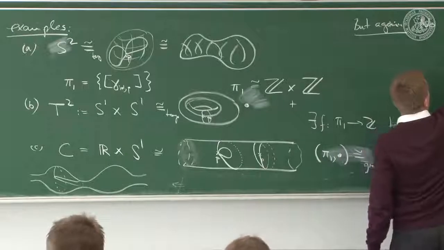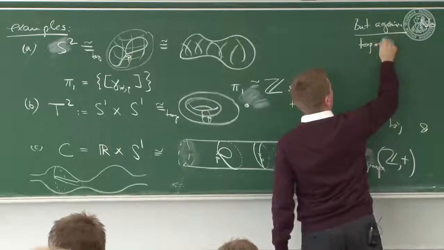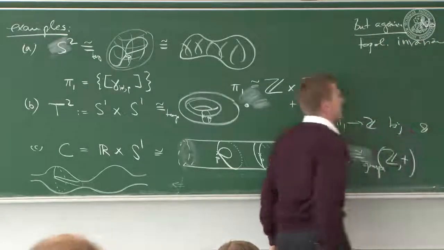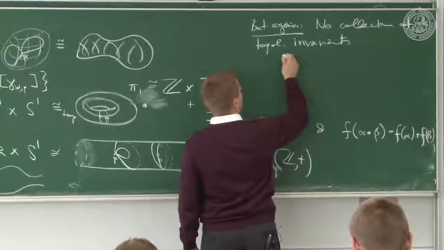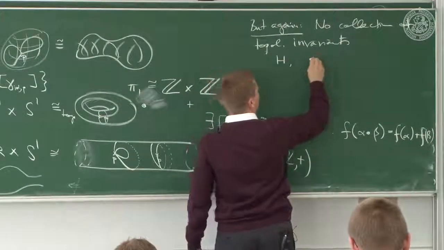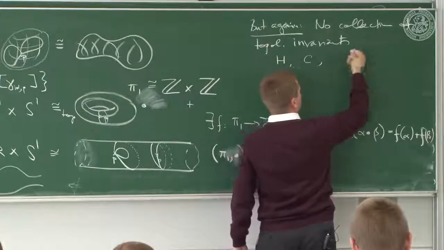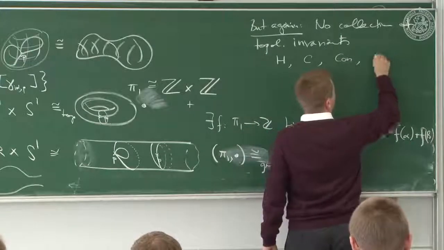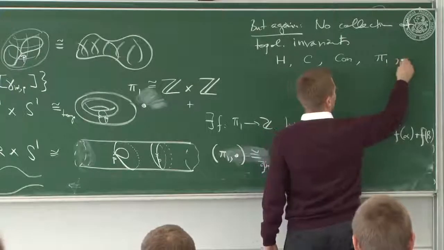no collection of topological invariants. One can also call them topological invariants because they're invariant under homeomorphism. No collection of topological invariants. Let's call them Hausdorff, yes, no, compact, yes, no, connected, yes, no, fundamental group, well, not yes, no, but group valued.